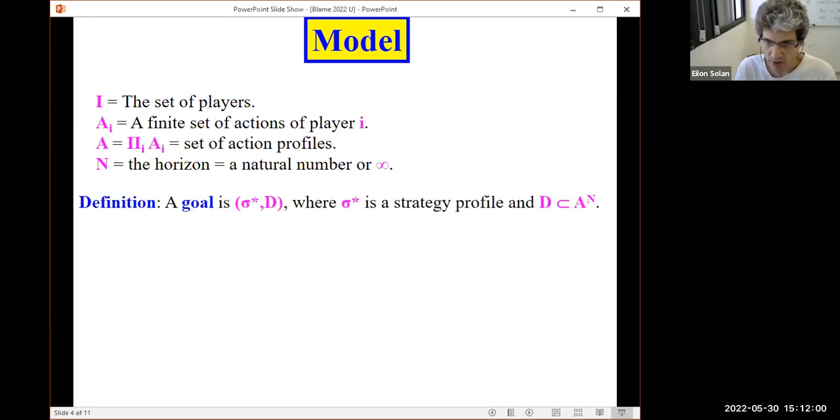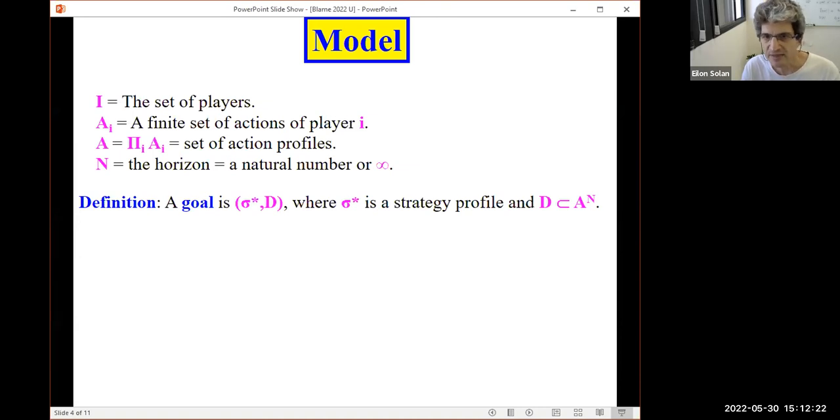So what is a goal? A goal is a pair. It is a strategy profile, sigma star, which in our example was choose each bit with probability 1/2 in every period. And we have a target set D, which is a set of plays.